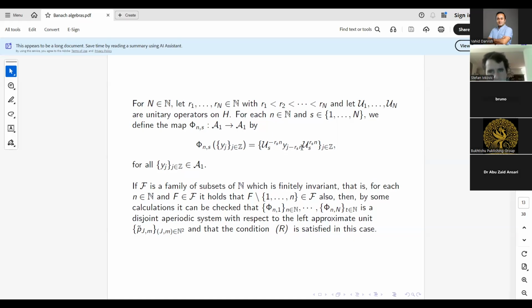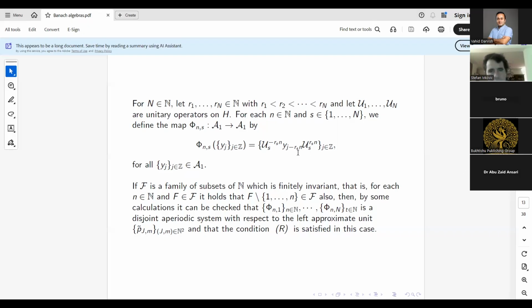Well, this what you see here is the jth coordinate. So the jth coordinate is the (j minus r_{s,n})th coordinate multiplied from the right by this unitary and from the left by this unitary. Since it is j minus r_{s,n}, you see that this is actually a forward shift by r_{s,n} coordinates, and it is also combined with this another isometric isomorphism corresponding to multiplying by these unitaries.